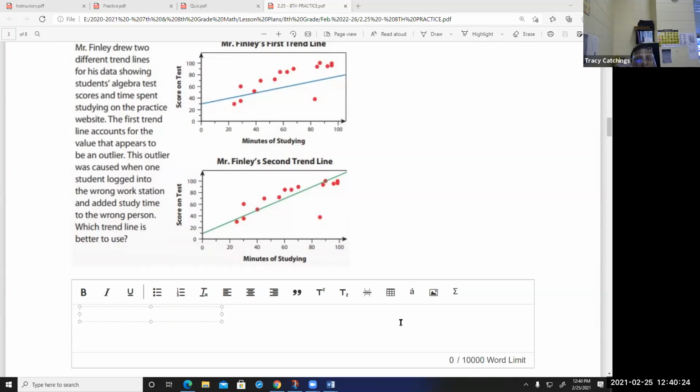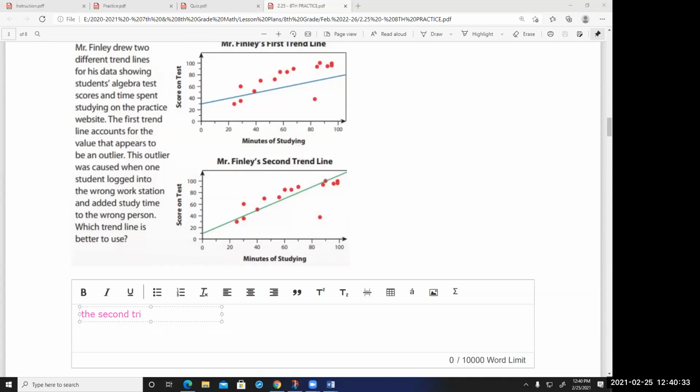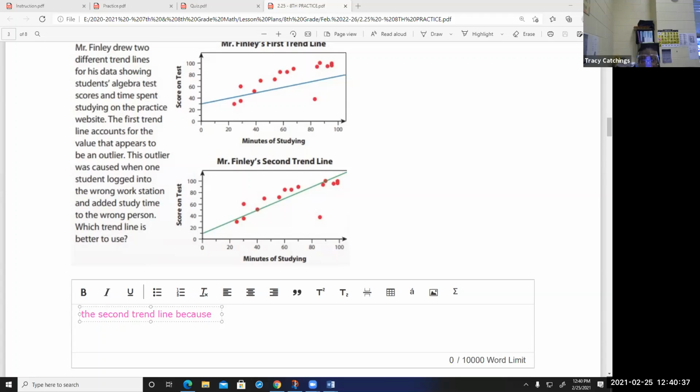So which one of those would y'all say is a good fit? The second one, why you say the second one? Okay. The second trend line, because the first trend line had more points above the line. That'll work.